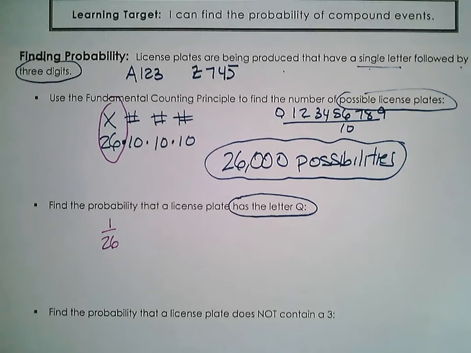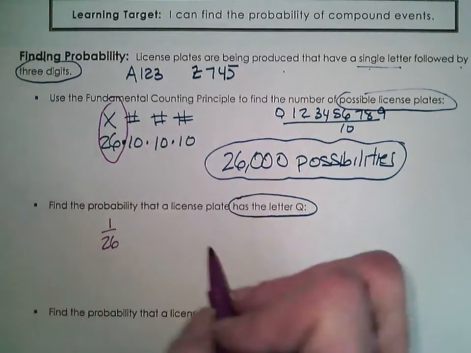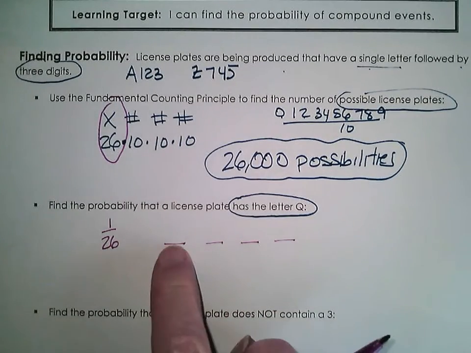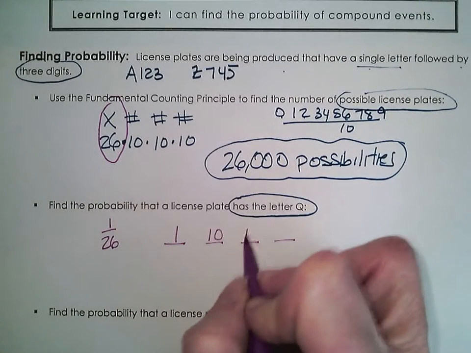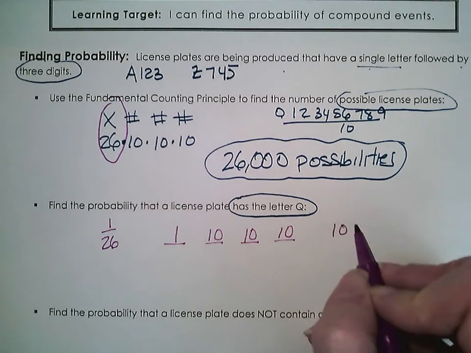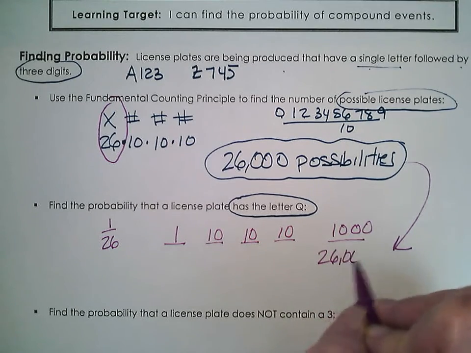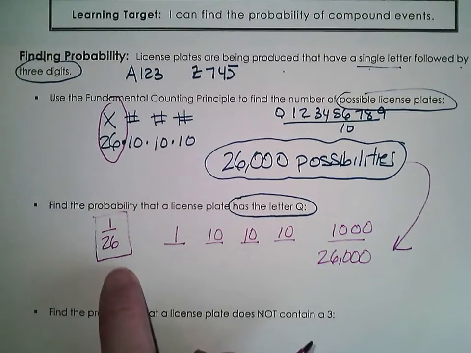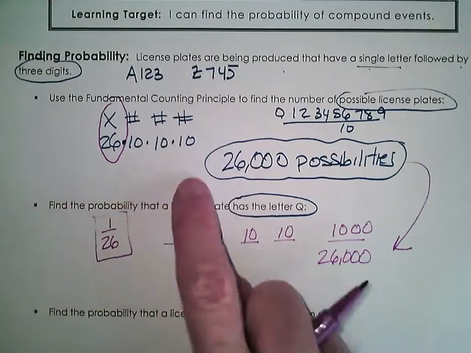Or you could think of it in terms of those 4 different places. There's only 1 way to get a Q, and then we still have 10 different ways to get each of the numbers. So really, that's 1,000 different ways we could do it out of the 26,000 total possibilities. And of course, if we reduce that fraction, we get back to 1 out of 26. So I personally like to simplify it and not even worry about the numbers in this one, but I think it's good for us to understand both ways.